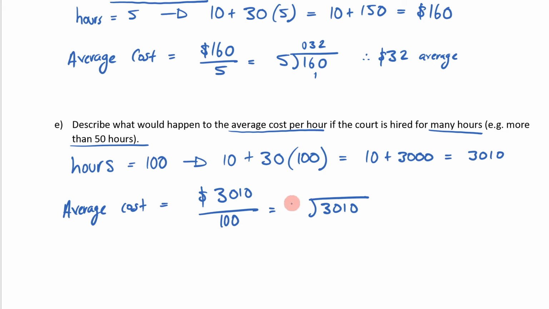I'm looking at the 5 up there. How many times does 100 go into 3010? Well, we actually don't need to do this one. You know that it's going to be approximately 30, isn't it? It's going to be approximately 30.